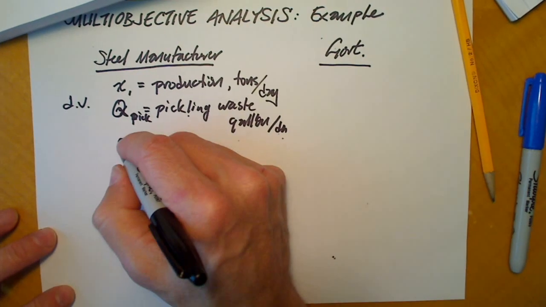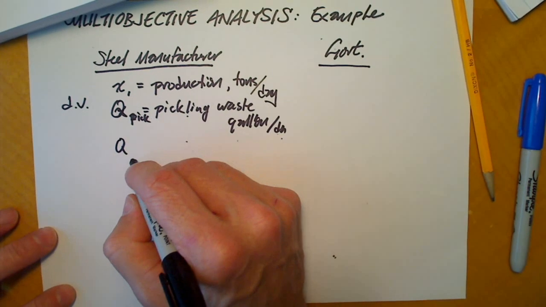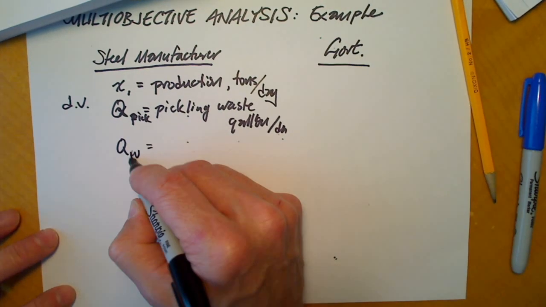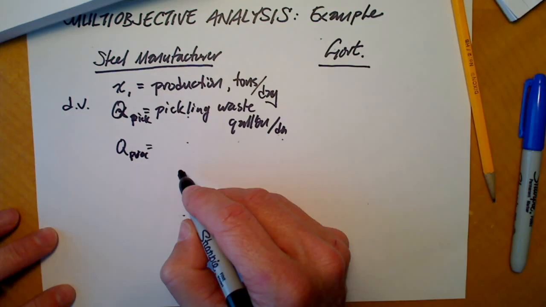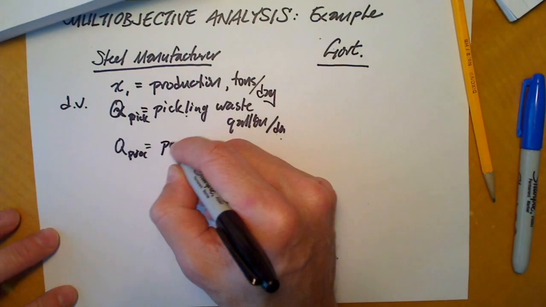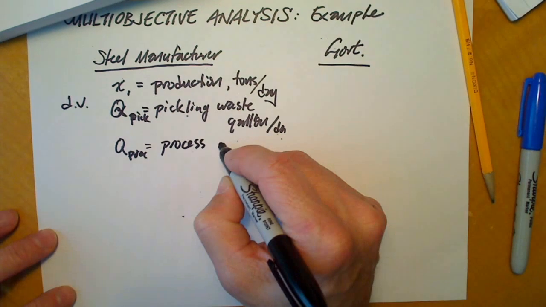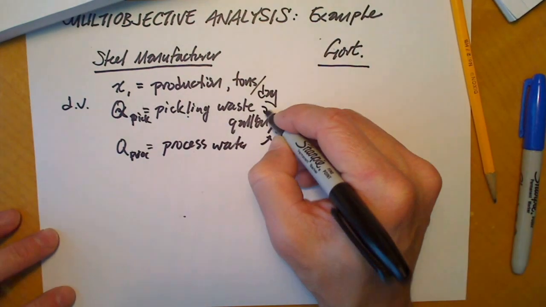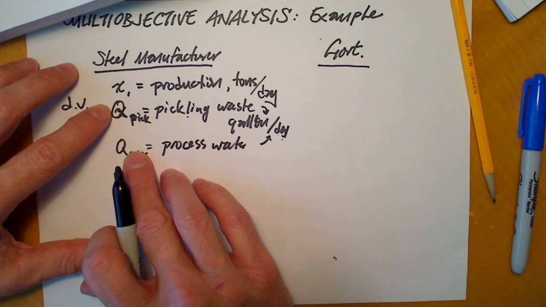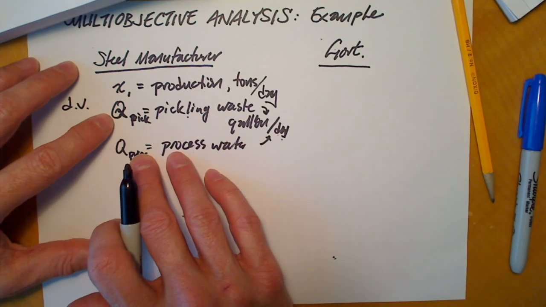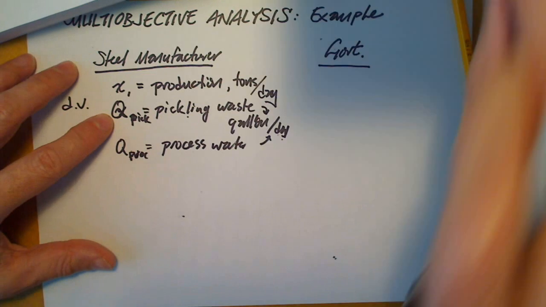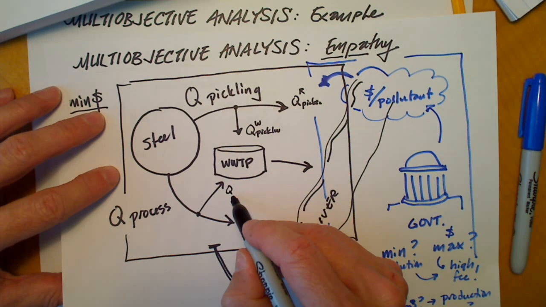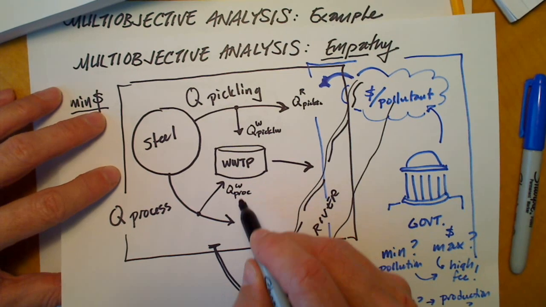They also need to decide how much of the process water they're going to treat, and that's process water also in gallons per day. Now this doesn't say yet how much gets sent to the river. It only says how much gets sent to the treatment plant. So this would be Q pickling and Q process.